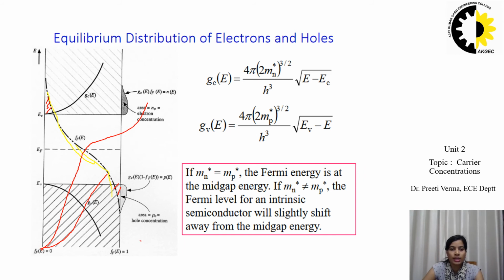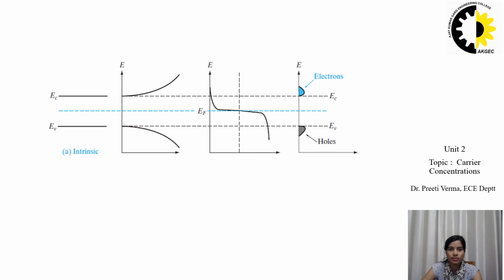In that way, the function will first increase and then decrease. This is the same graphical representation of the band diagram, the density of states, then the Fermi distribution function, and this is representing the multiplication of these two.